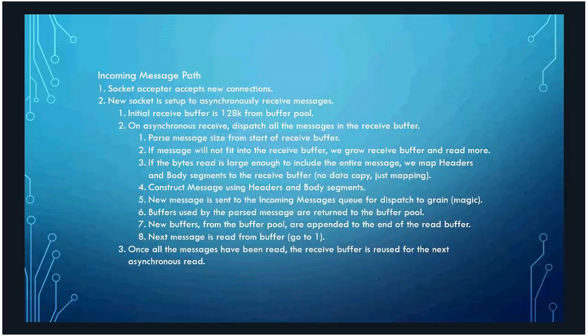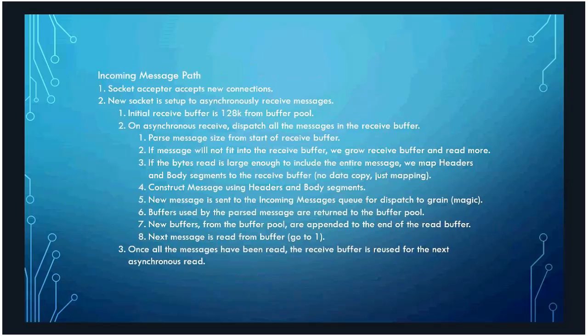We read everything on the network up to 128K, or up to that buffer size, in a single read, and then we go through whatever we've read, and we look at that sizes structure: have we read enough to at least get the sizes of the message from it? So we parse out the size of the message and then check to see if the buffer is big enough to read that entire message. If it's not, we grow the buffer.